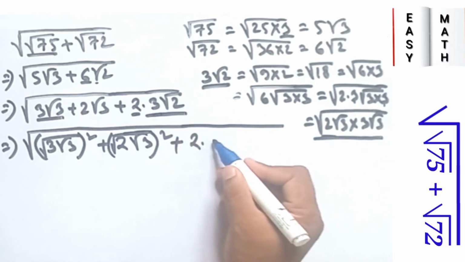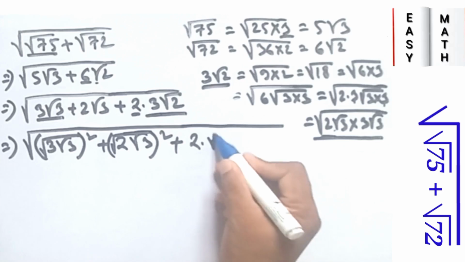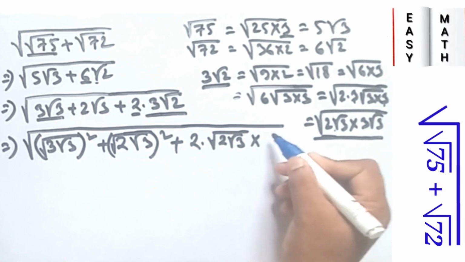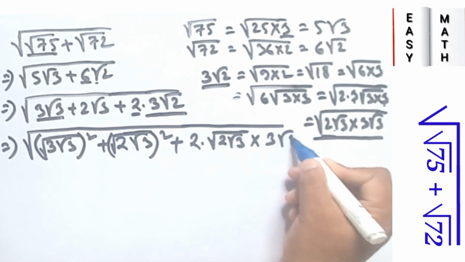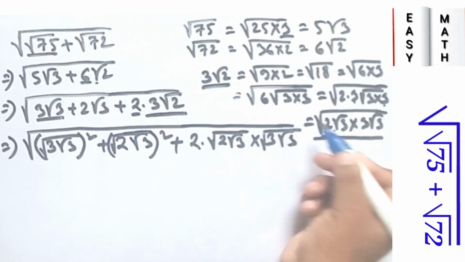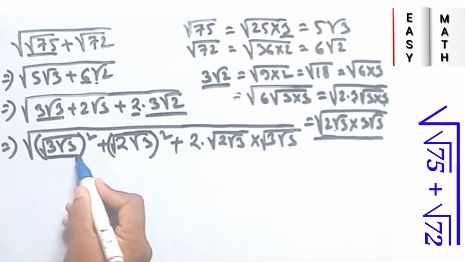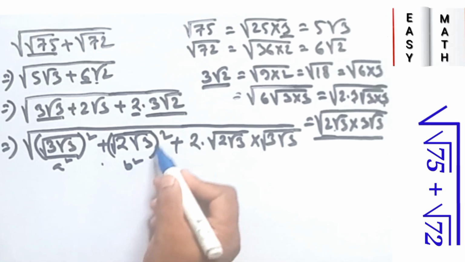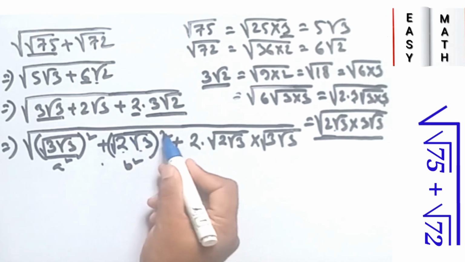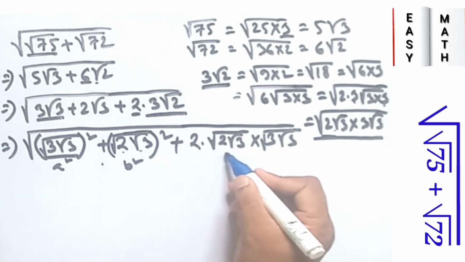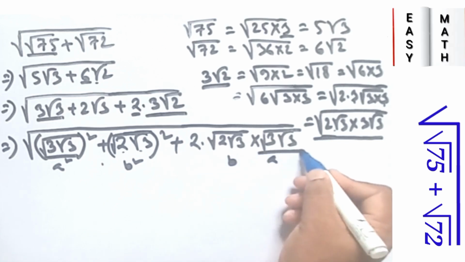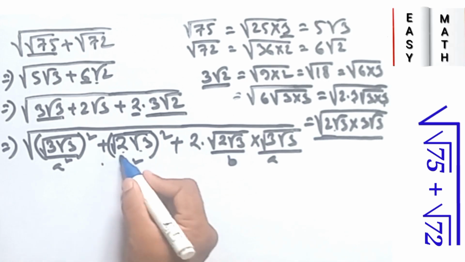So this value is 2 root 3 into 3 root 3, this is a square and this is b square, and this is a and this is b.